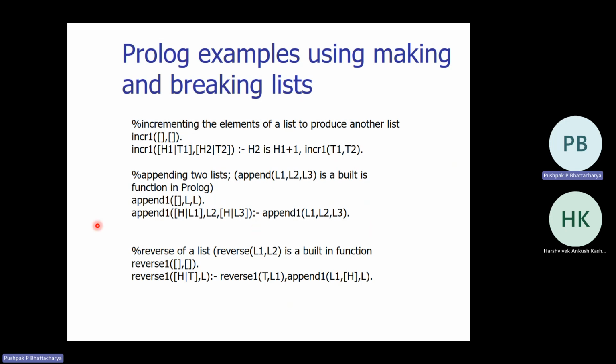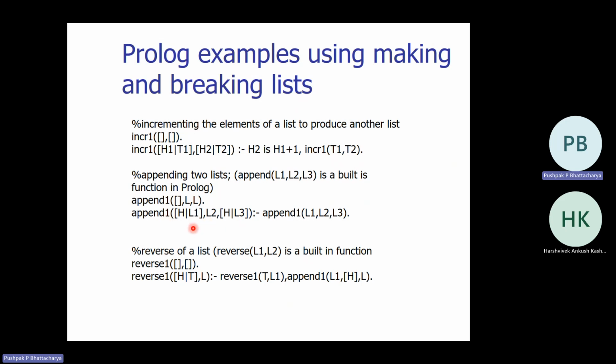AI structures. So append of the empty list with L gives me the same list L. Then append for the input lists: there are two lists actually, L1 and L2, and the third argument will obtain the result by appending the first list and the second list.